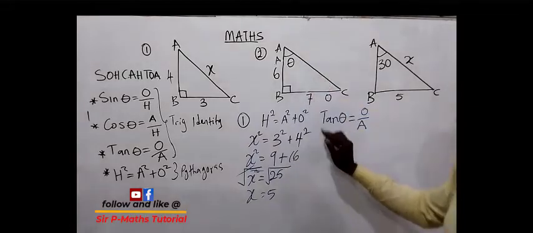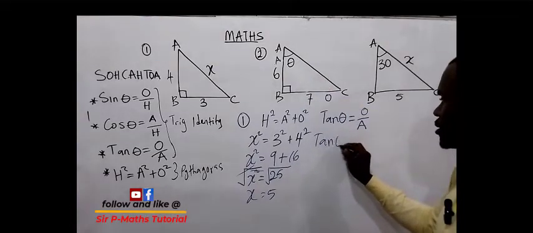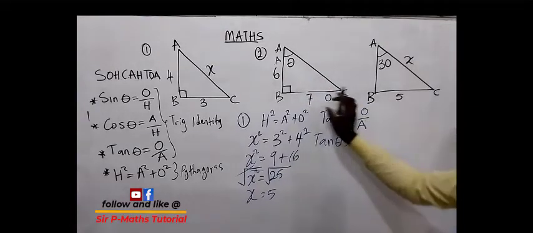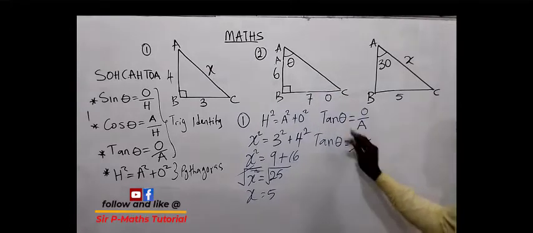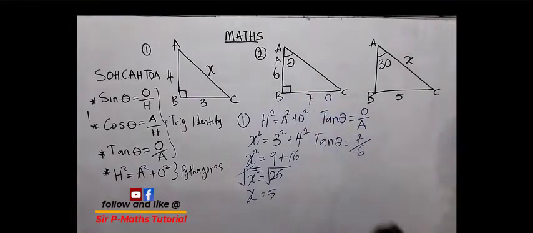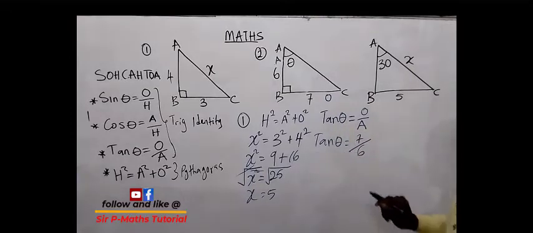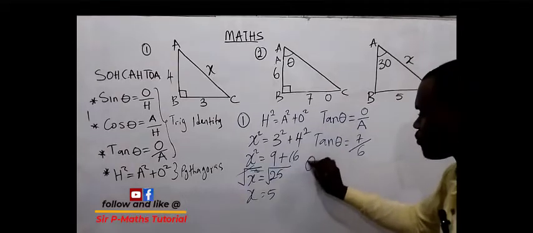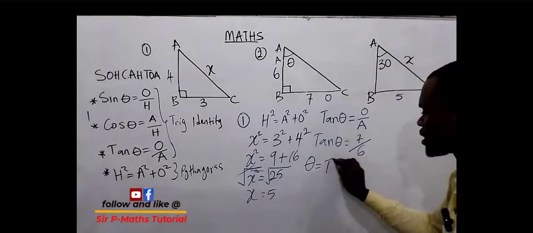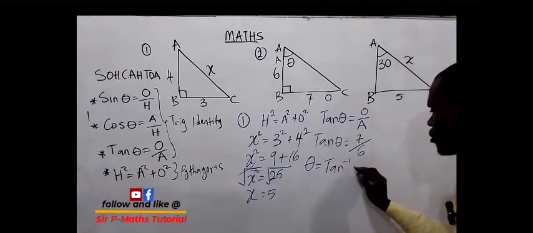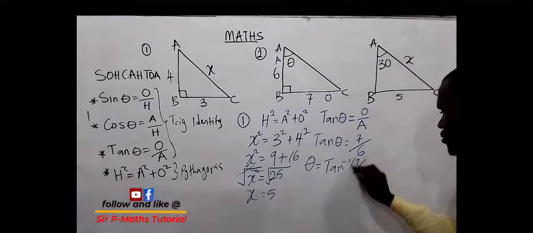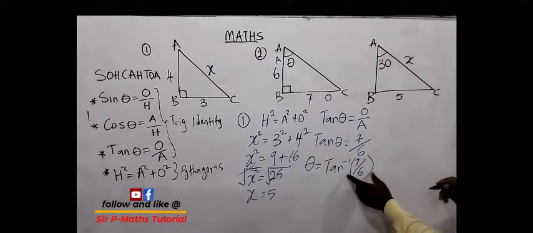Now my theta is unknown, therefore I'll say tan theta is equal to opposite, which is 7, all over the adjacent, which is 6. To get my theta, I will have to take the inverse of tan on both sides, and that is simply achieved by saying that theta is equal to tan inverse of 7 over 6. Make sure that when you want to press this in your calculator, you put it in a bracket.